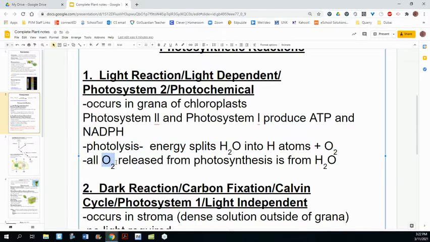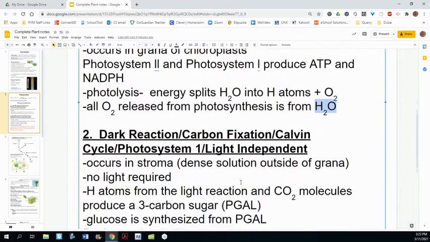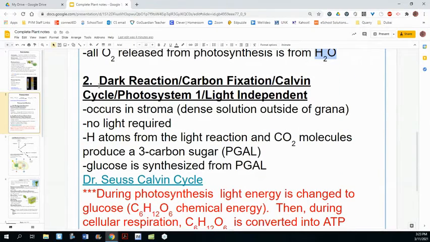All of the oxygen released from photosynthesis is from the water that you split. Right? The plant splits so much water that the oxygen that's left over is used for the mitochondria, and there's excess. Remember that plants also require mitochondria to convert sugars into ATP.